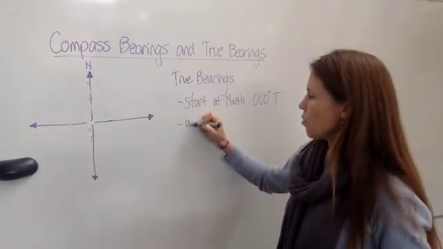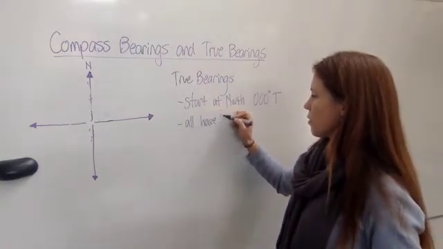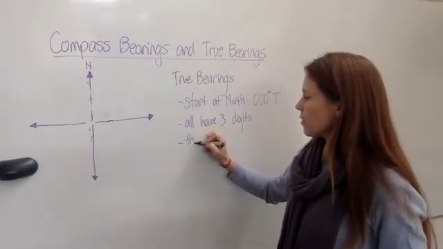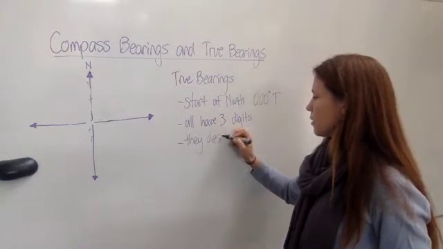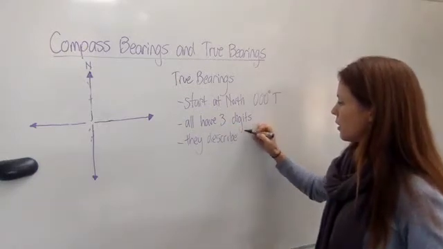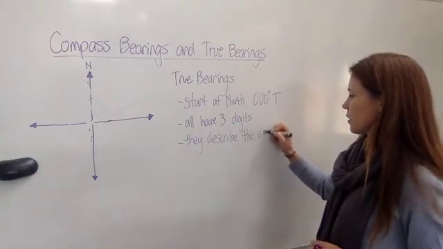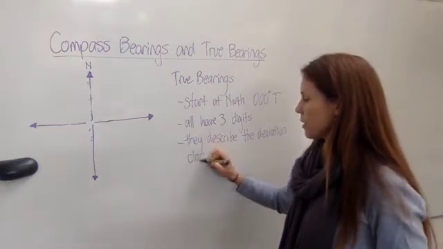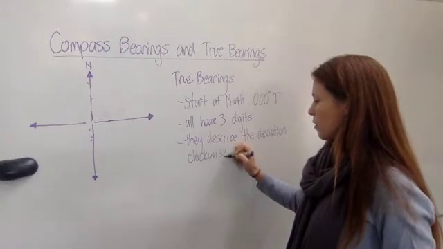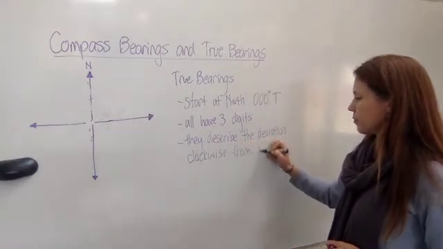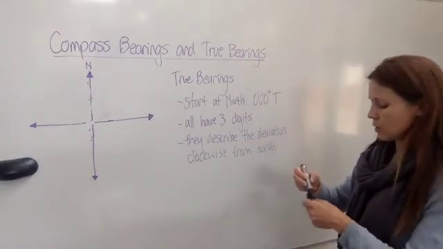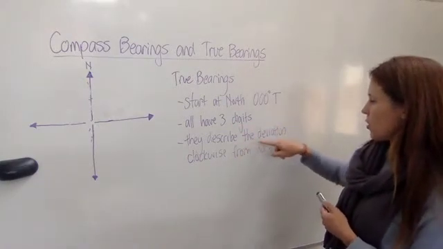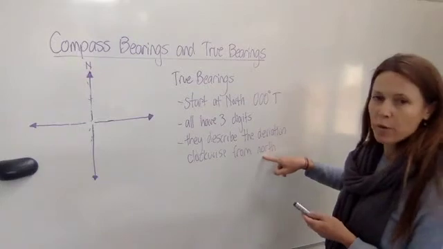True bearings all have 3 digits, and they describe a deviation clockwise from north. So they all have 3 digits, even the small angles. They describe the deviation clockwise from north.